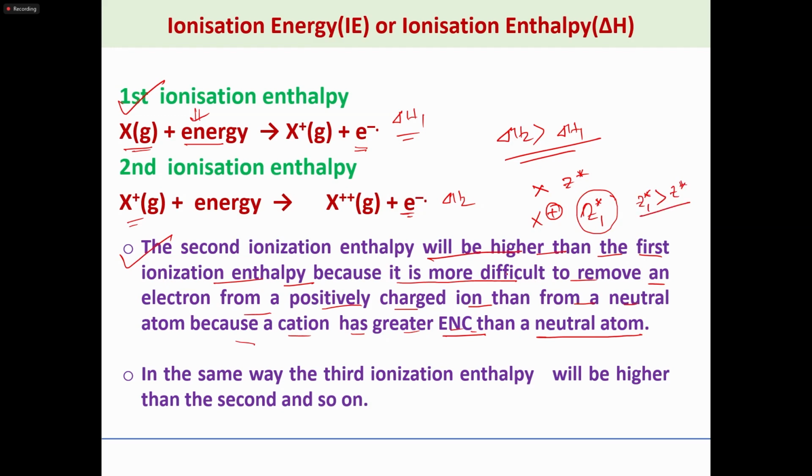So we will talk in the next slide about how this ionization enthalpy is related to the effective nuclear charge. So when this cation is generated, that means that one electron is already less than the primary or the neutral atom.